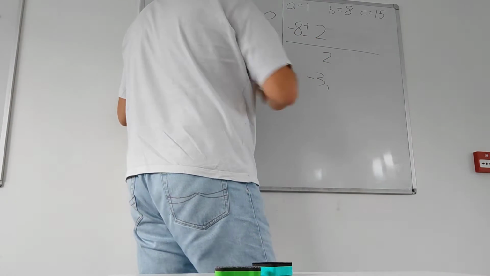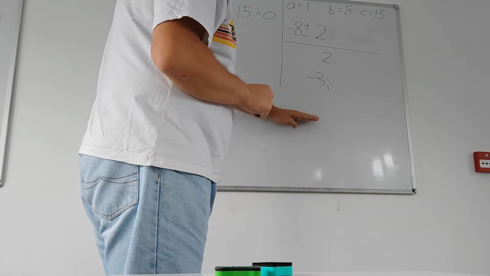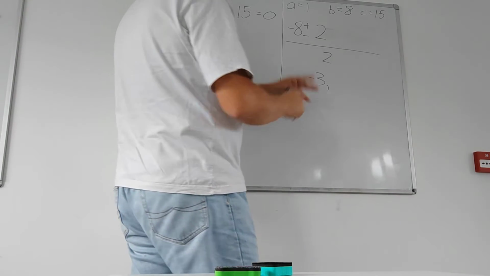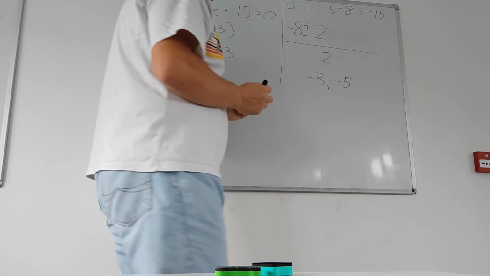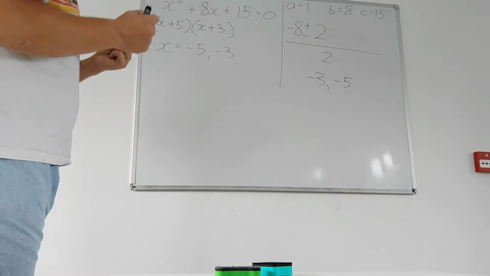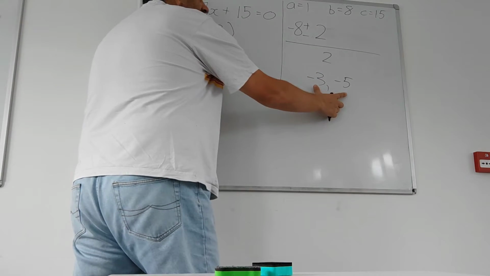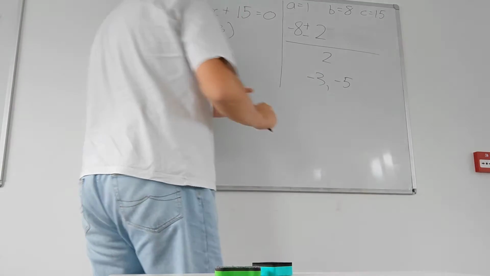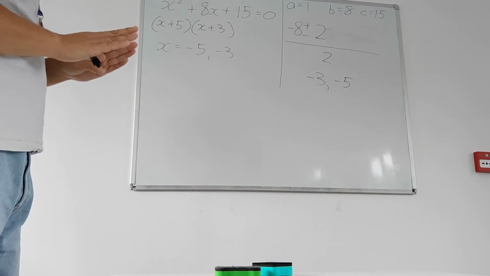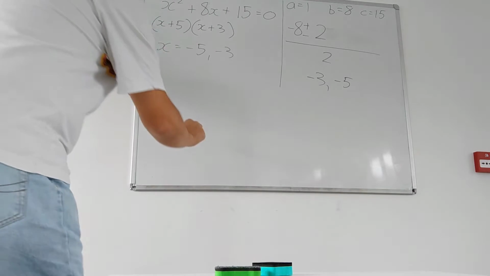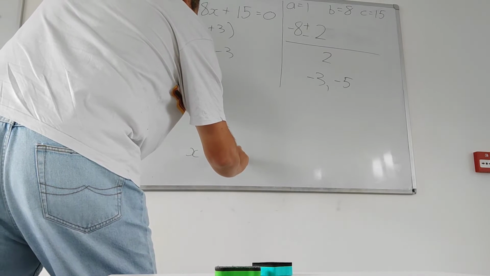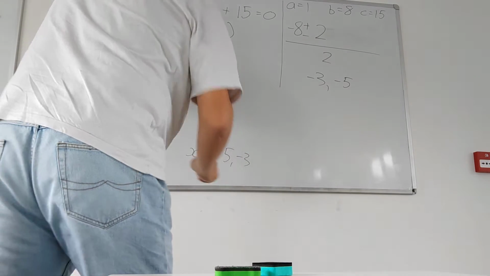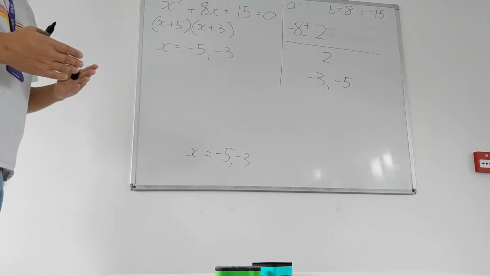Negative 8 take away 2 means I go down to minus 10. Minus 10 halved is negative 5. So it is no coincidence that these answers are the same. Absolutely no coincidence. Our two solutions, in no particular order, are negative 5 and negative 3.